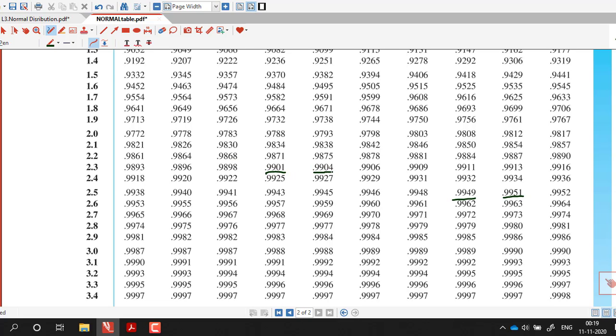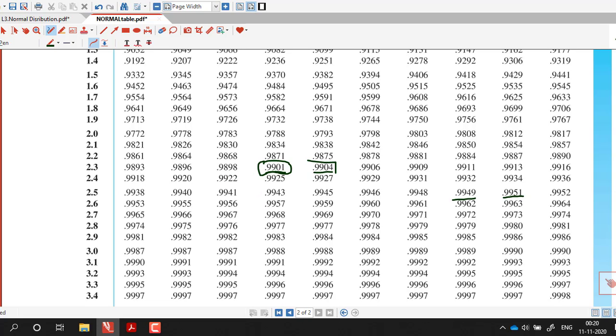This is also near to 0.99. This is 0.9904. This is 0.9901. This value is very close to 0.99. This is also close to 0.99, but this is the value which is closest to 0.99.